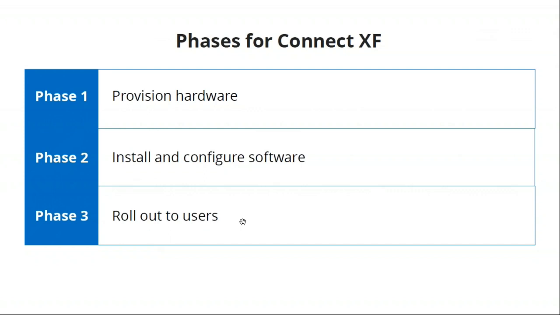The same video links and information can be shared with your users, and you can roll out Baya V3 to the end users. So that is how the phases will be for Connect XF.